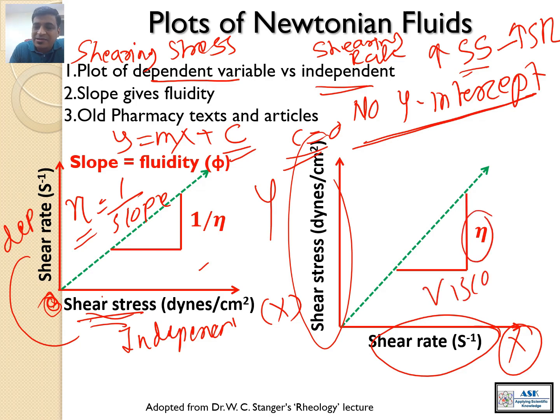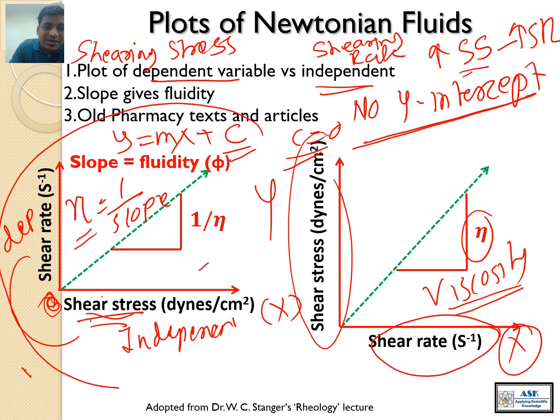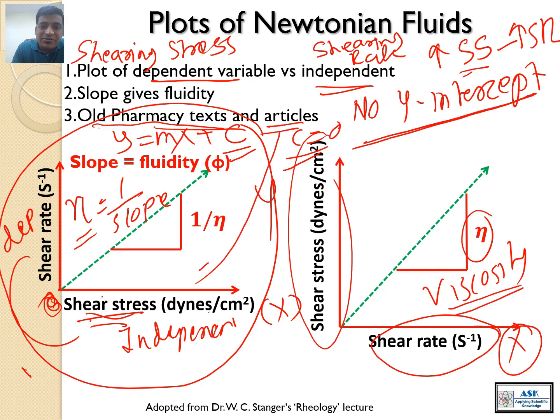So you are easing your life, and that's what you want to do. But technically or mathematically, this is the correct approach. You should always have the independent variable on the x-axis and the dependent variable on the y-axis, and that's why in old pharmacy texts and research articles, they always follow this one, not this one.